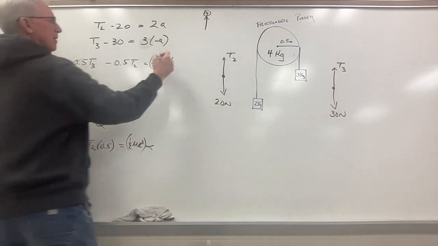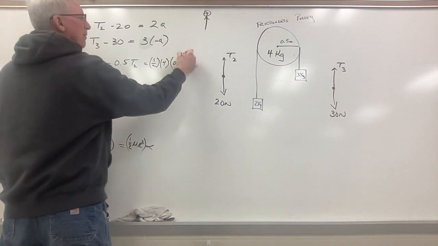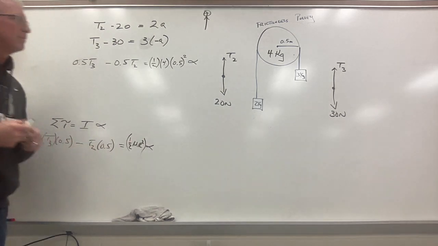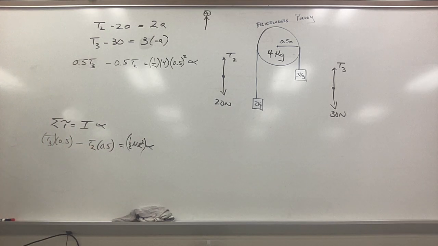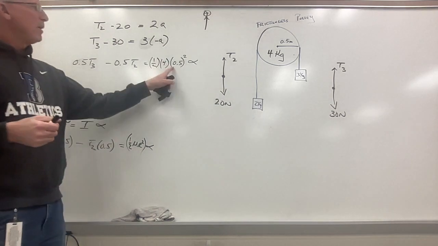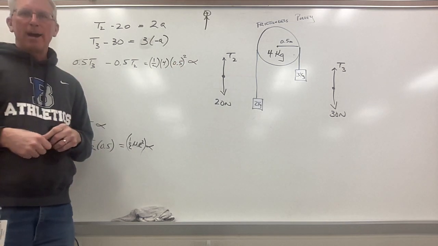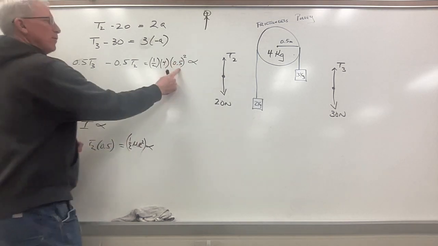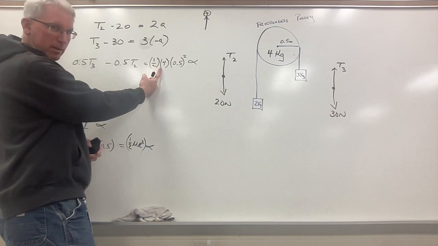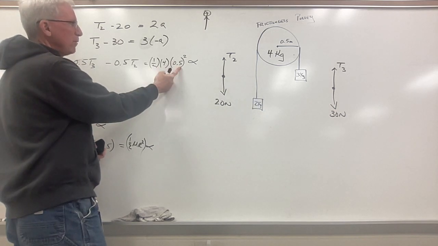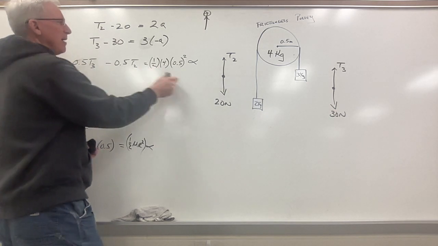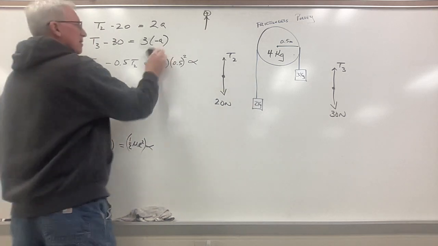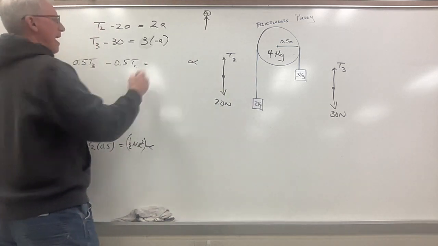My radius is 0.5 times alpha. Okay. 0.5 squared is 0.25. And 0.25 times 4 is 1. So 0.25 times 4 times 1/2 is just going to reduce to 1/2.